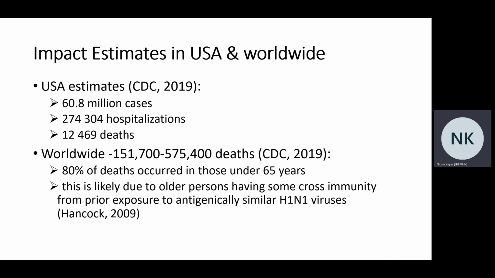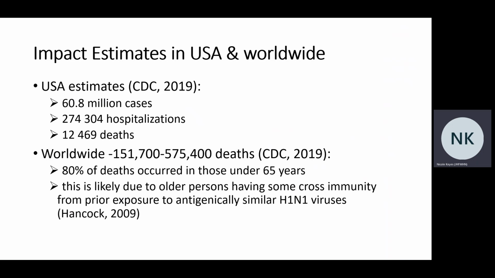Impact in the USA and worldwide. The USA estimates they had 60.8 million cases with approximately 274,000 hospitalizations and 12,500 deaths. Worldwide, it's estimated around 151,000 to 575,000 deaths occurred, with 80% of deaths occurring in those under the age of 65.